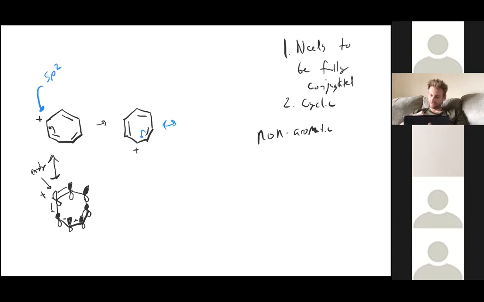And eventually we're going to be able to move through every single position in this ring. So on and so forth. Eventually you'll have 7 different resonance structures for this compound.